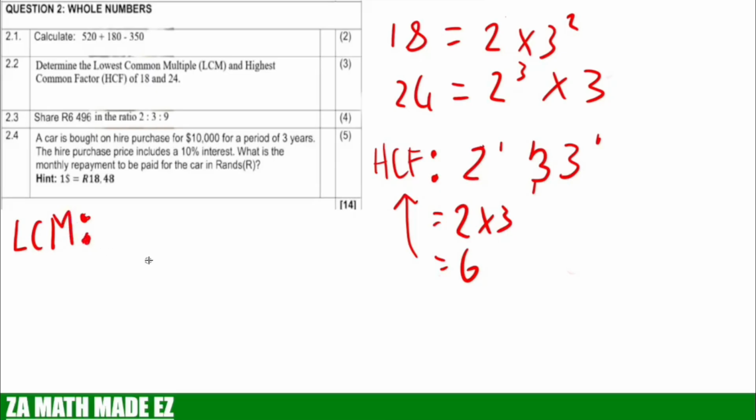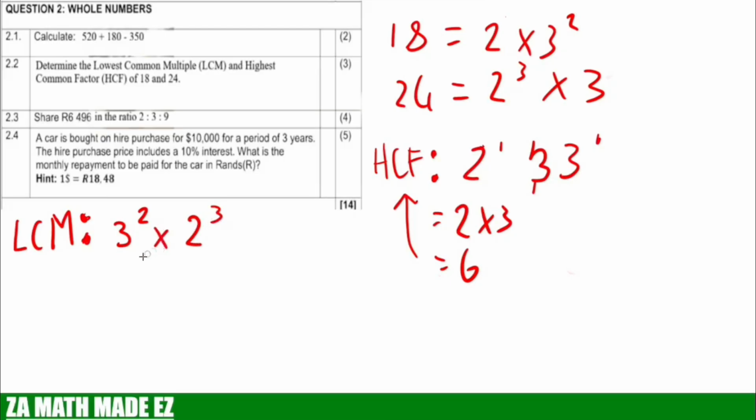And for LCM, we pick the highest power of each prime, even if it's not common. So remember, for LCM, pick the highest power of each prime, even if it's not common. So the highest power of 3 is 3 squared, and the highest power of 2 is 2 to the power of 3.